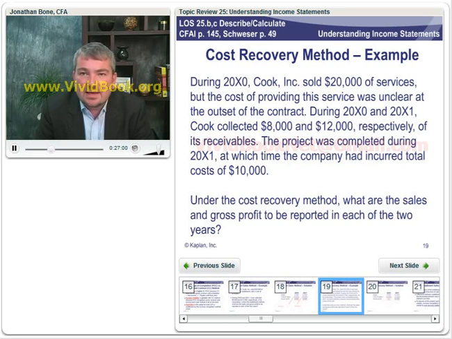Okay, so we didn't know the costs at the outset of the contract. Notice we've received $8,000 in the first year, $12,000 in the second year, just exactly the same way as we did in our previous example. The project was completed during X1, at which time we'd incurred a total cost of $10,000. Okay, so let's have a look at the impact.